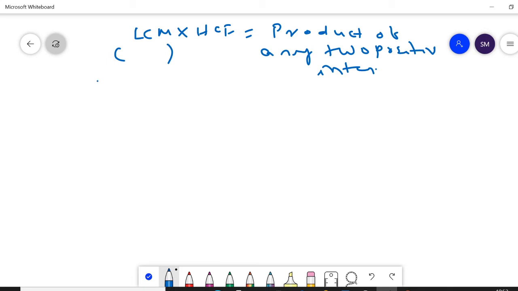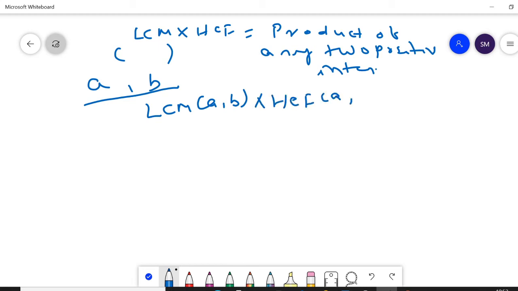Suppose A and B are two positive integers, then LCM of A and B into HCF of A and B is equal to the product of A and B. Okay? Look at here.